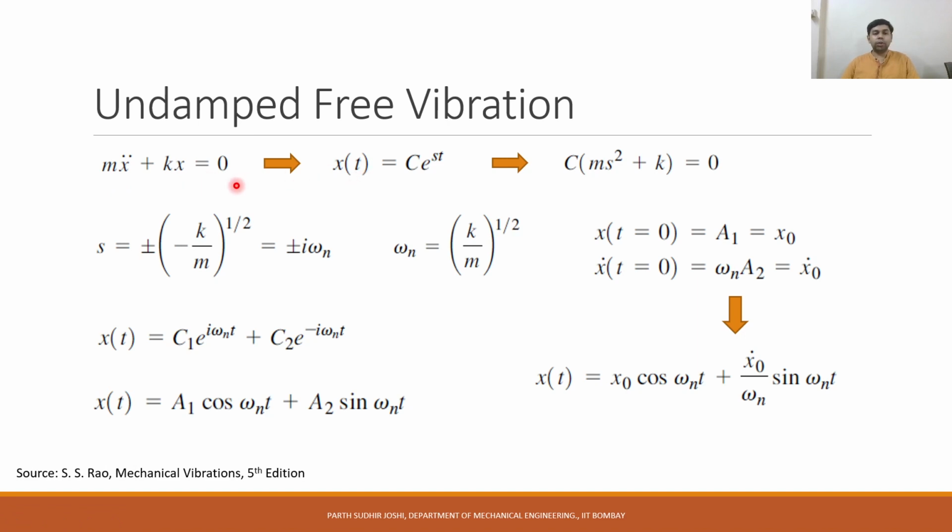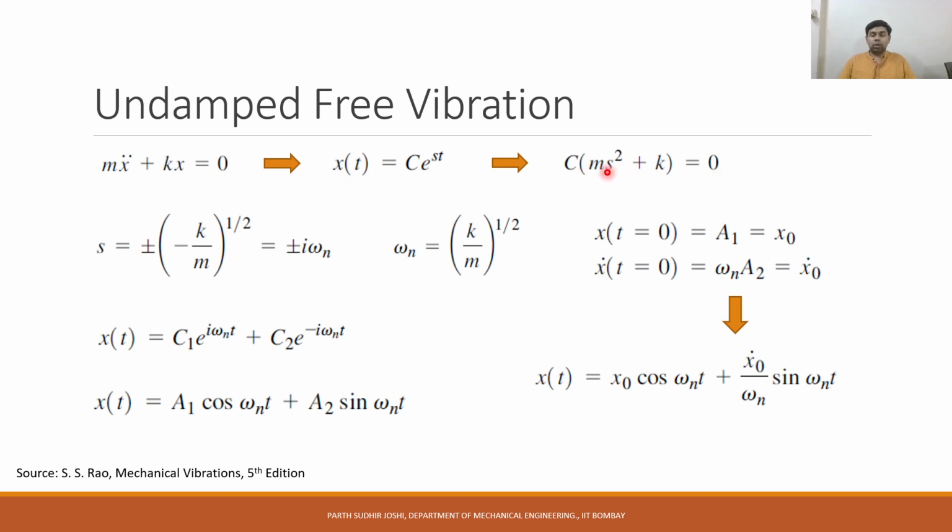Now to find the solution to this equation of motion, we assume a certain form of a solution. So here it is assumed as x of t as a function of time is C e to the power st. And then we substitute this solution into the differential equation, and we get the equation of this form. m s square plus k equal to 0.